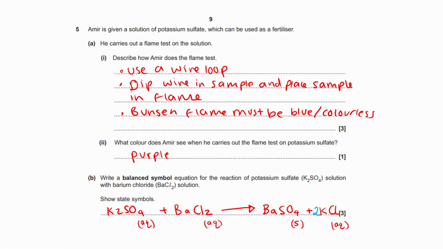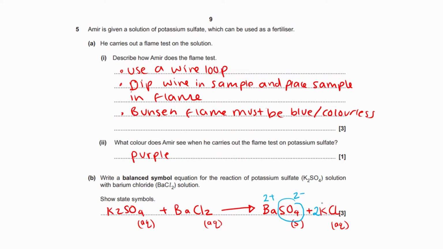Now it's balanced. A final thing I also wanted to mention is how do you know what the formula of the compound is. That's to do with the charges of the different ions. SO4 has a 2- charge. Barium is in group 2, it has a 2+ charge, so these charges balance. You need to have your charges balanced in the formula for you to have the correct formula. Same here, so ignore this 2, potassium and chlorine.